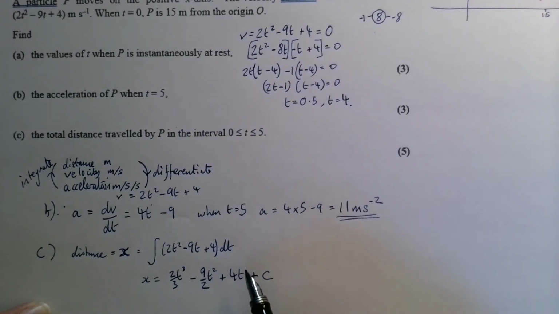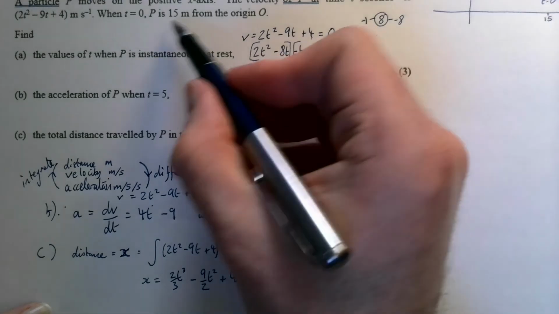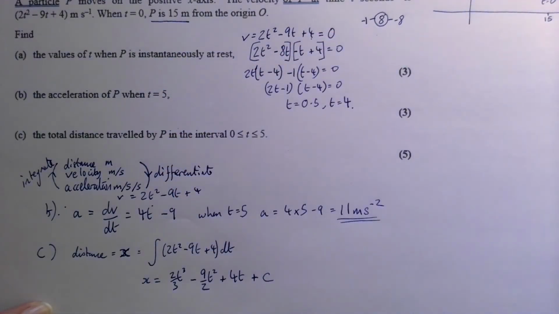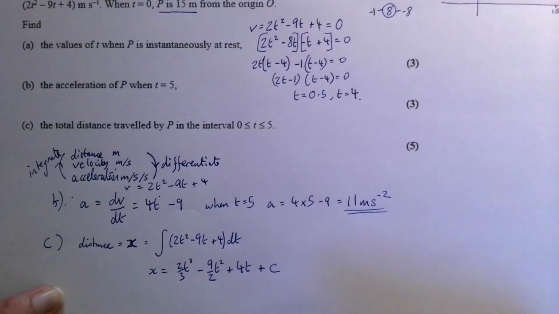That we're not sure what it would be. But fortunately, they have told us at the beginning that the position of the particle is 15 meters when t equals 0. So if that is true, 15 is going to equal, if that's all 0, that's going to equal c, isn't it?